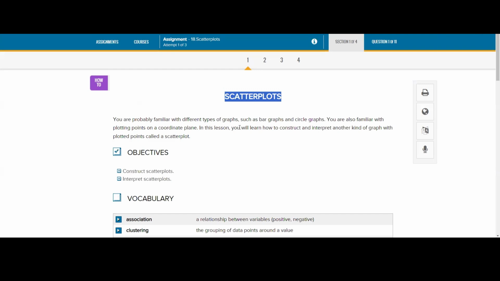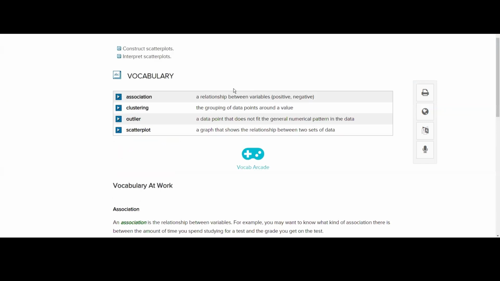Like line graph, then bar graph and circle graph like pie chart. You're also familiar with plotting points on the coordinate plane. So in this lesson, you will learn how to construct and interpret another kind of graph with plotted points called a scatter plot.